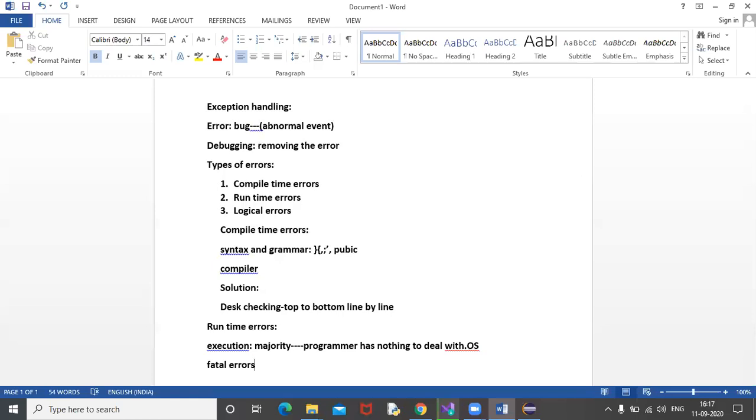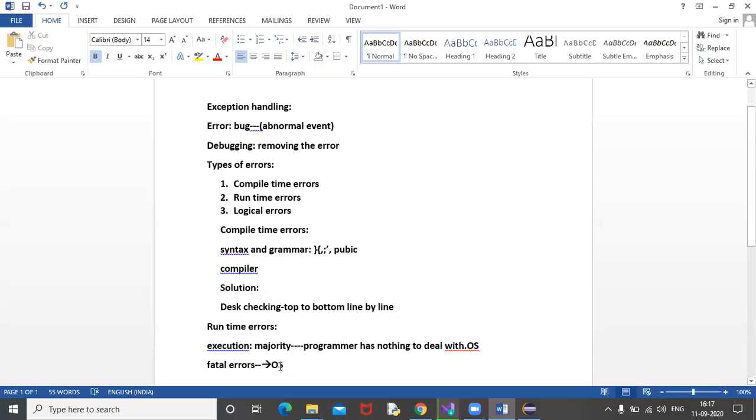It cannot handle them, and they can crash your operating system as well. Once the operating system is crashed, all your data is lost. You cannot do anything again. You have to format your disk and reinstall your operating system, isn't it? And all the work will be under suffering, is it not? So these are all fatal errors.